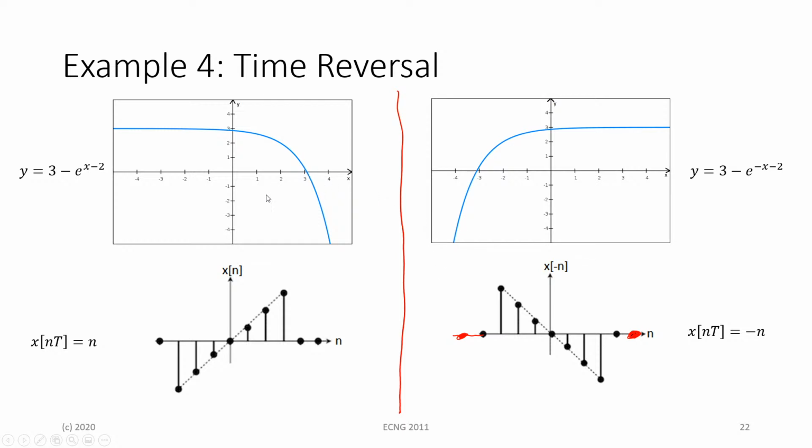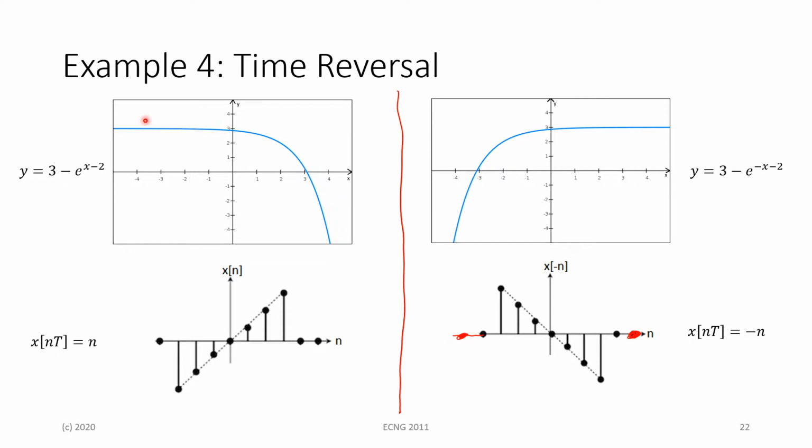So as we can see here, our signal started with a constant value here on the left hand side and then decayed towards some infinite value. We just basically reflect the signal here accordingly to get time reversal. So this part here, which was on the right hand side of the signal, is now going to be on the left hand side of the signal.